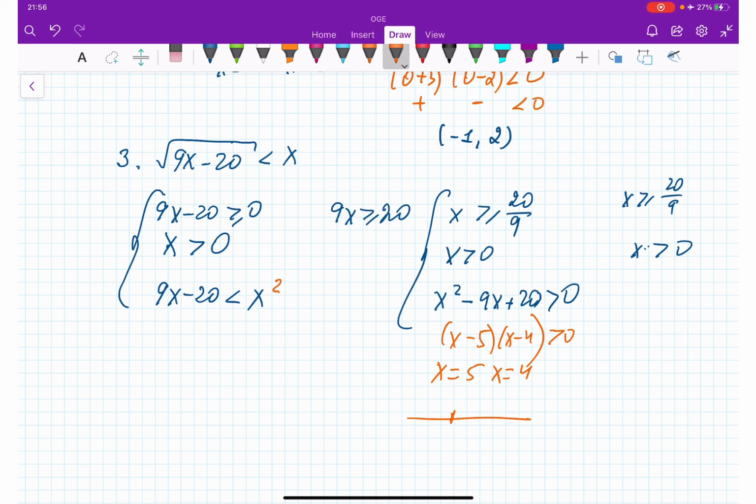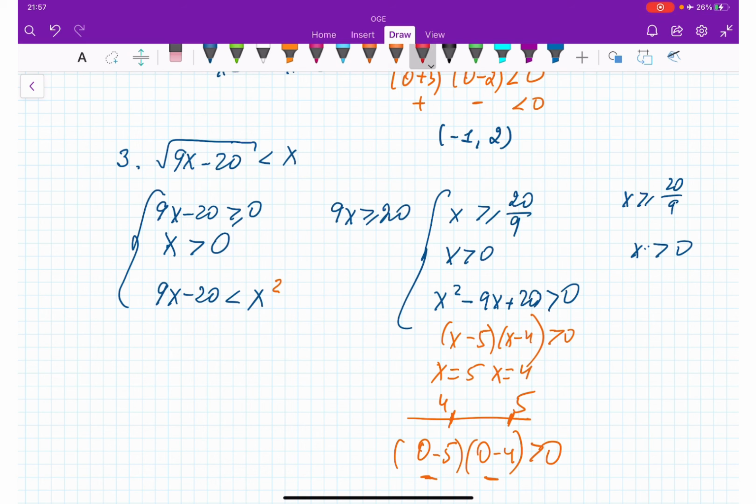So on the line of numbers, 4 and 5, let me take a number between, well, let's take less than 4. I'm taking 0. So it's going to be 0 minus 5, 0 minus 4. So it's negative here, going to be positive, which is the way it is given.